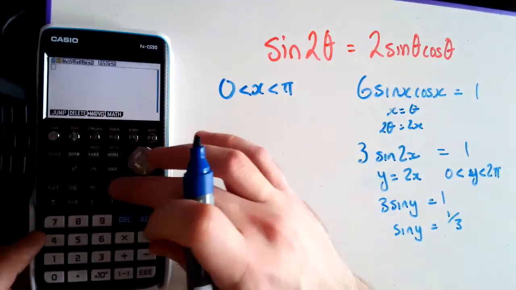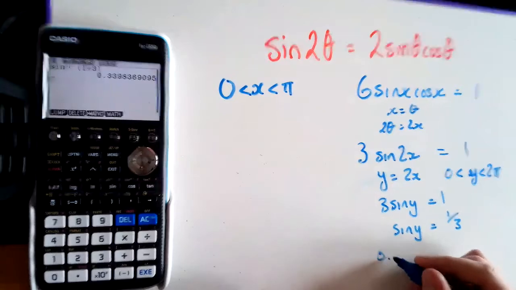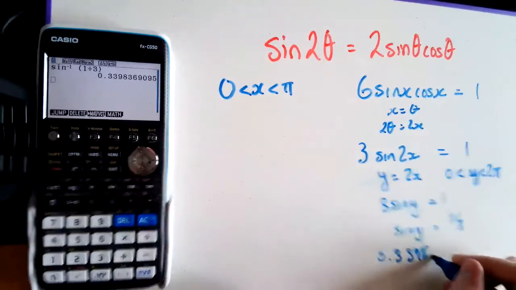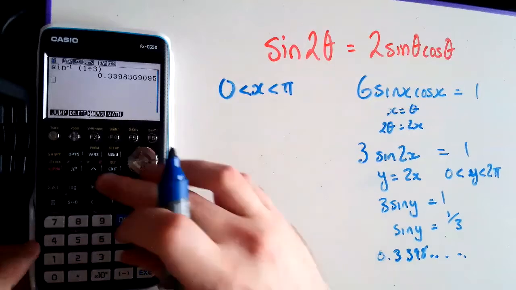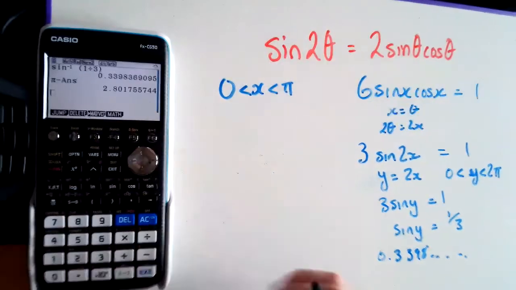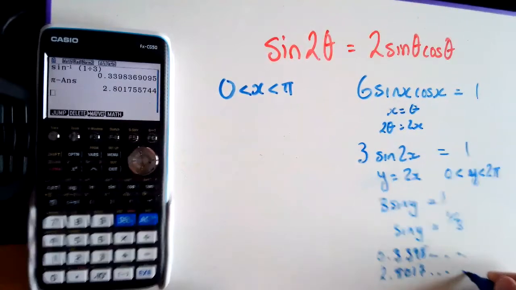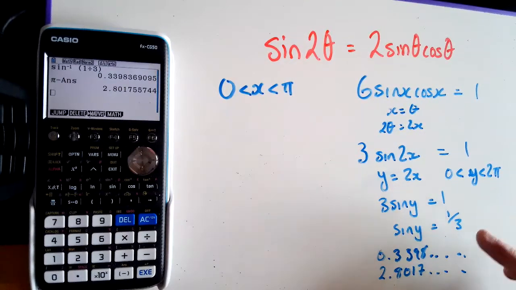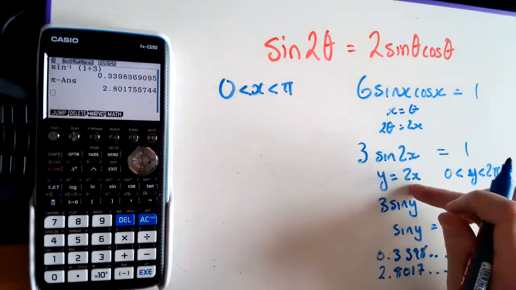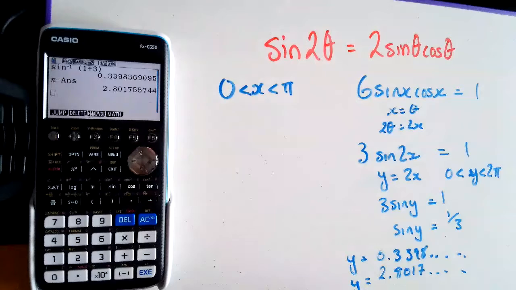Arc sine of a third gives us 0.3398... And then we take that away from 180, which is pi, so pi minus answer gives us 2.8017... And then to get x, it's y over 2, so these were y answers, so we divide these by 2.